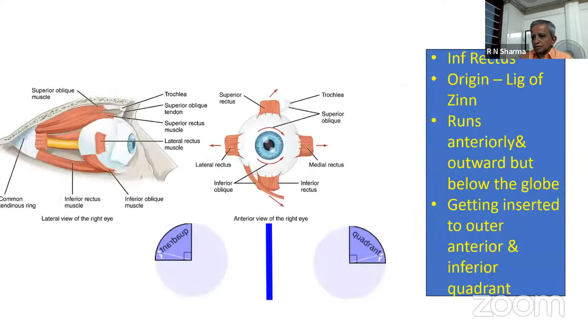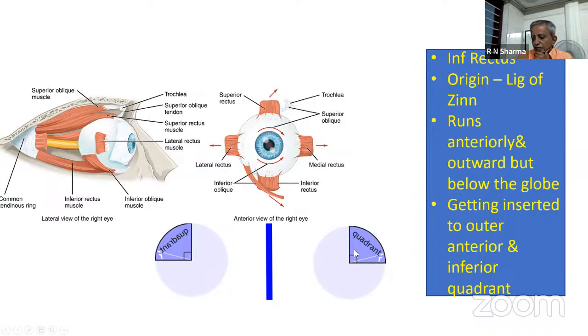Inferior rectus starts from the ligament of Zinn, runs anteriorly outward, but below the globe, where the superior rectus was above the globe. So it runs almost parallel to the superior rectus to get inserted into the outer anterior inferior quadrant. So it is going below this.